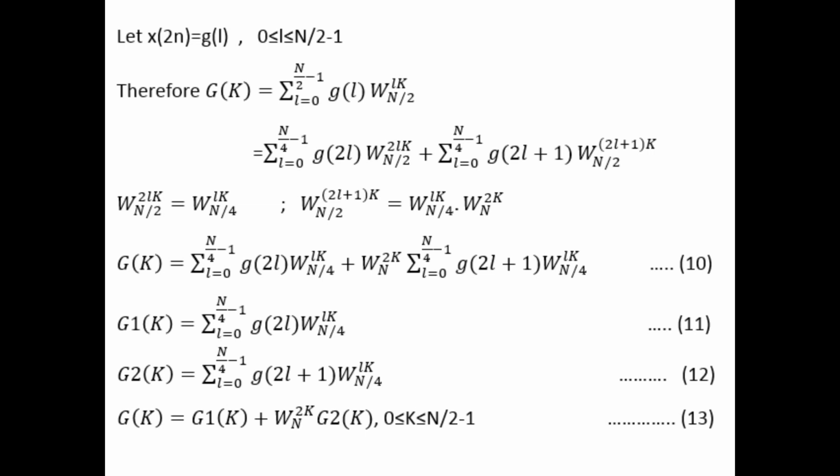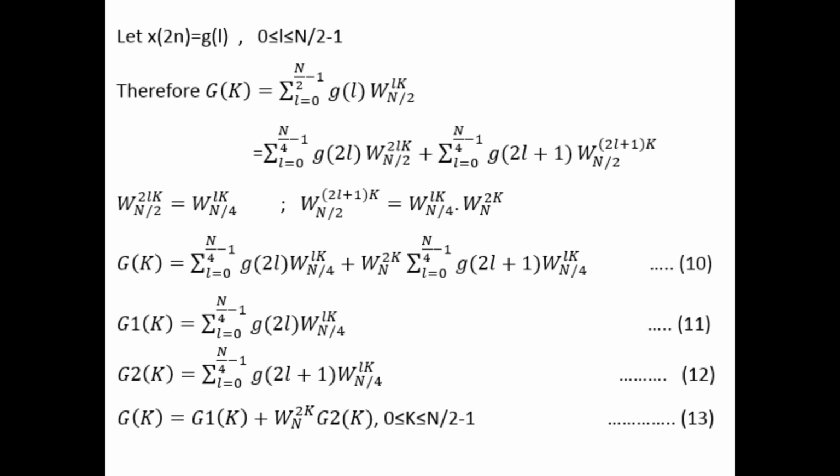Then g of k is equal to summation l is equal to 0 to N by 4 minus 1 g of 2l omega N by 4 of lk plus omega N of 2k into summation l is equal to 0 to N by 4 minus 1 g of 2l plus 1 omega N by 4 of lk. We can call it as equation number 10.